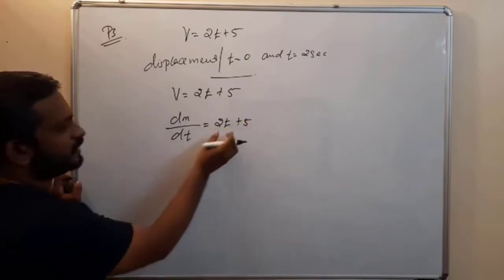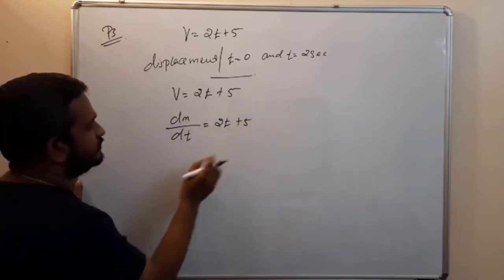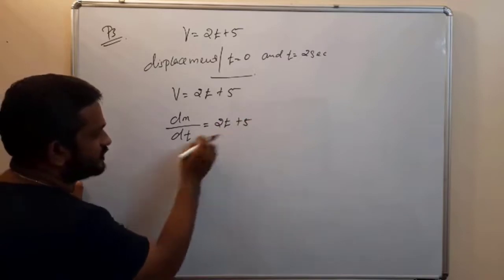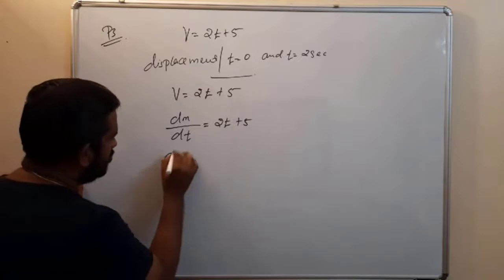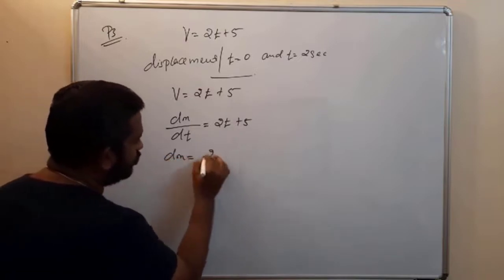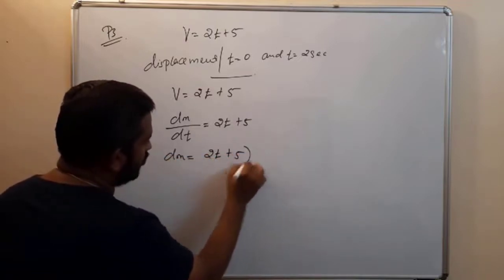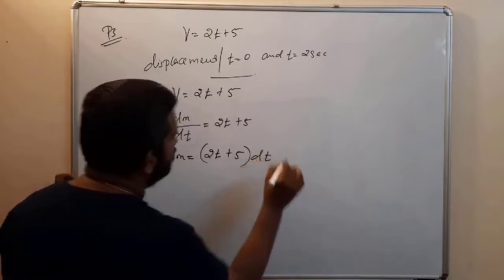Here 5 is a constant. Arrange the t variables on one side and x variables on the other side, so dx is equal to 2t plus 5 into dt.